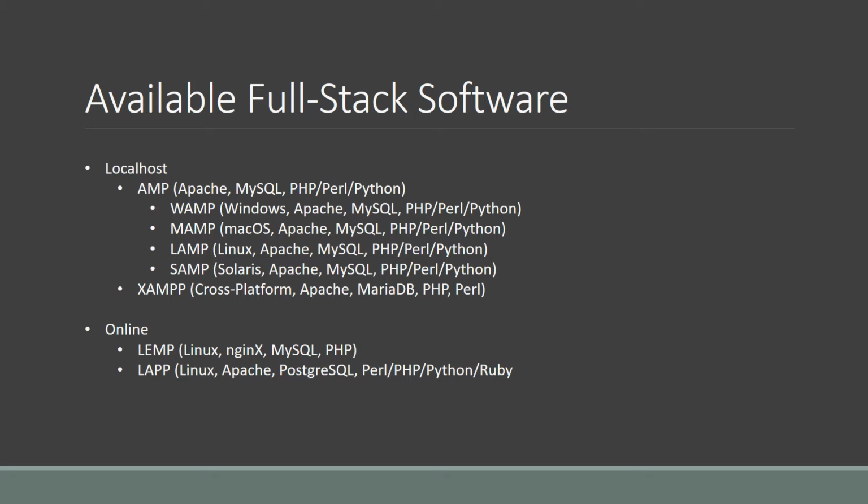And my personal favorite, XAMPP, is cross-platform, meaning it runs on almost all these listed operating systems except Solaris. I don't think it runs on Solaris, but it runs on Windows, Mac OS, and Linux. And instead of MySQL, they use MariaDB, and they have PHP and Perl as the server-side languages.